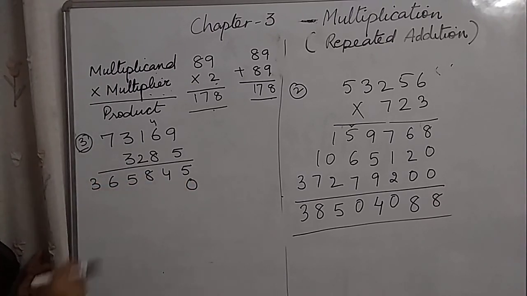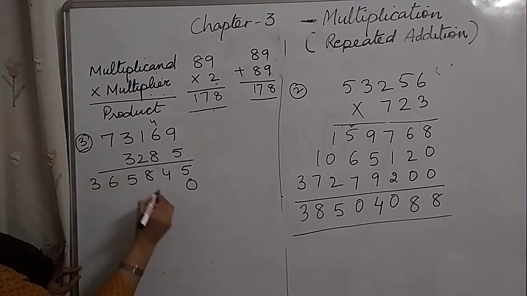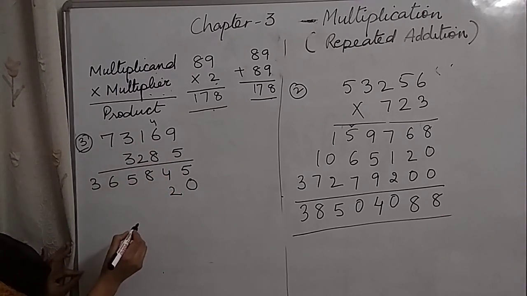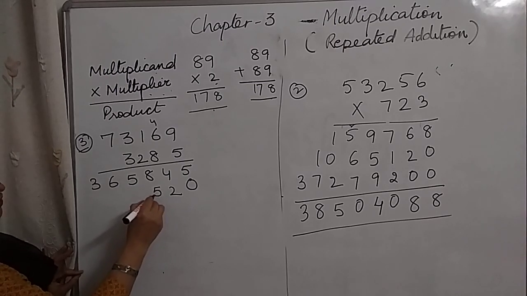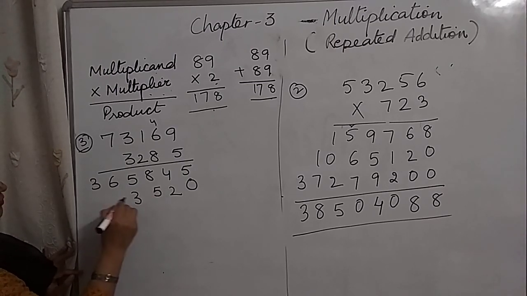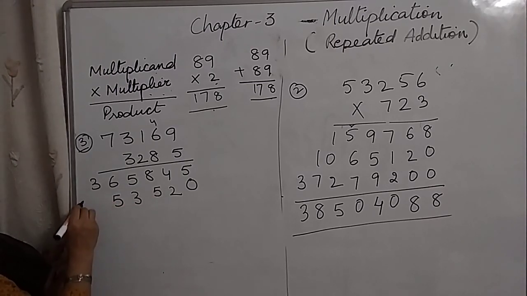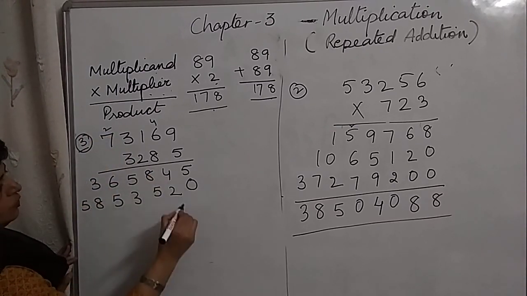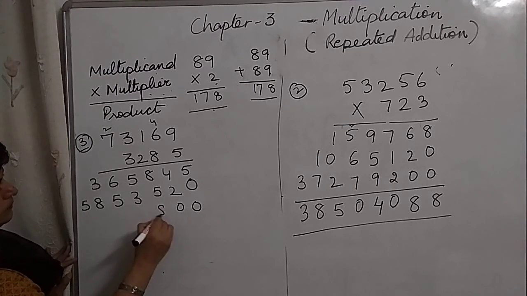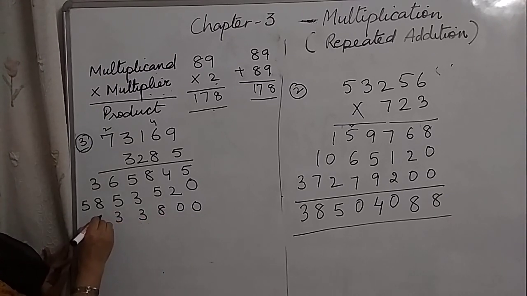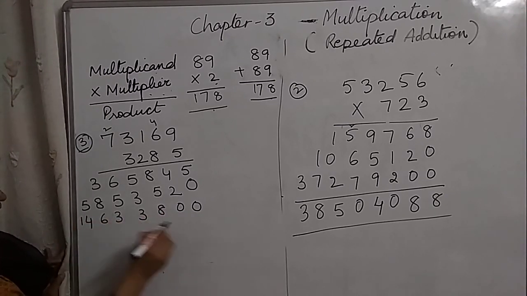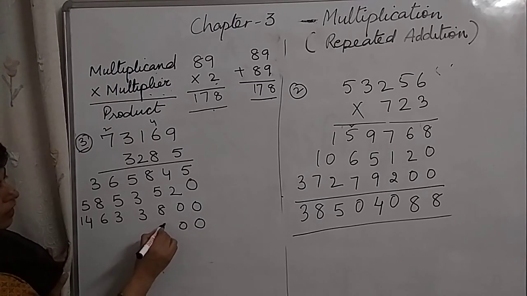It has 7 at tens place, 2 at hundreds place, 3 at thousands place.